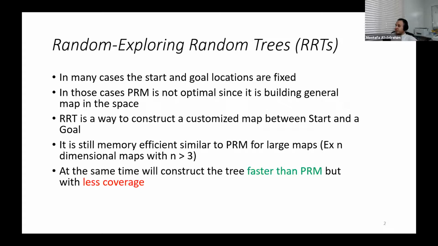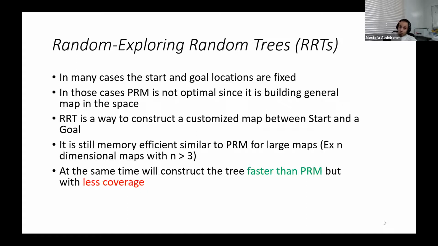Of course, you will build it very quickly, rather than PRM. But the problem is that maybe the map that you build will not have high coverage for the environment that the robot is moving in.